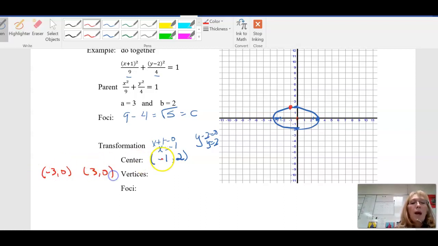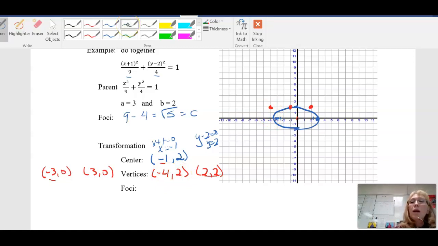So now when I add negative 1 to that, I'm going to be at negative 4, because negative 3 and negative 1 is negative 4, 2. And my other one is going to be at 3 and negative 1 is 2, 2. So if we took these endpoints and I moved left 1 up 2, I'm at 2, 2. If I take this endpoint, I move left 1 up 2, I'm at negative 4, 2. So it works both directions.